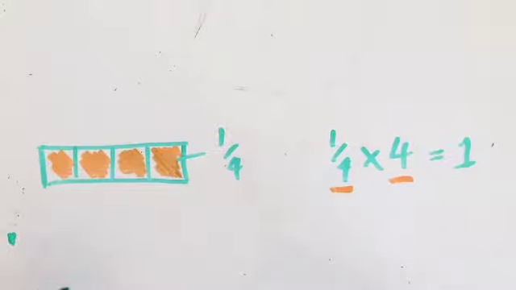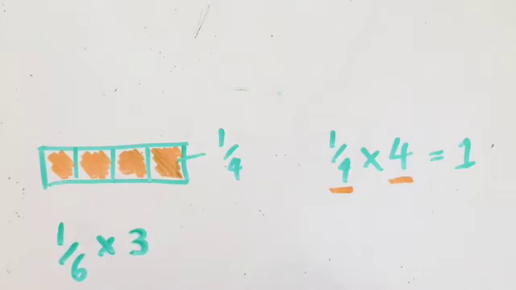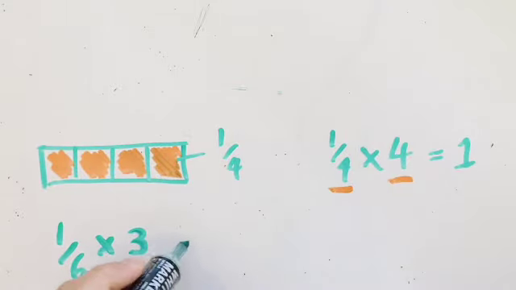That might be enough. So just as an example, if I wanted to work out what 1/6 times 3 would be, well, I need to split up a whole, so I take my whole. So this is my thinking here.